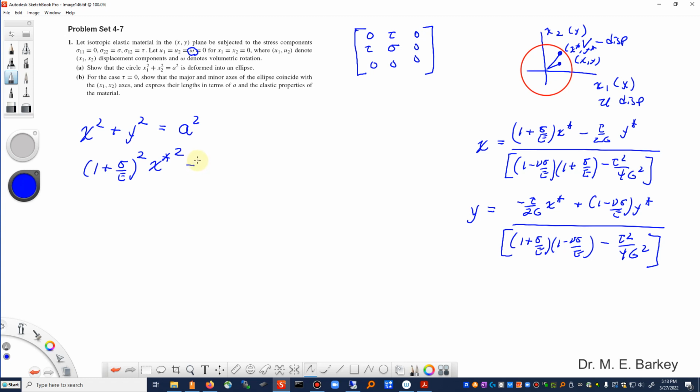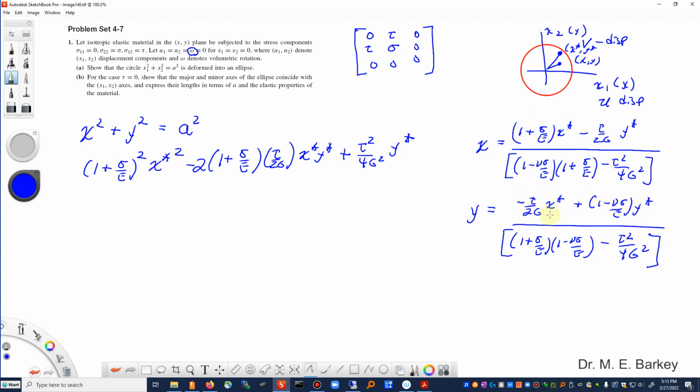It's going to look like minus 2 (1 plus sigma over E) tau over 2g x star y star. And then we're going to have another term that looks like tau squared over 4g squared y squared. Okay, so that all comes from this.